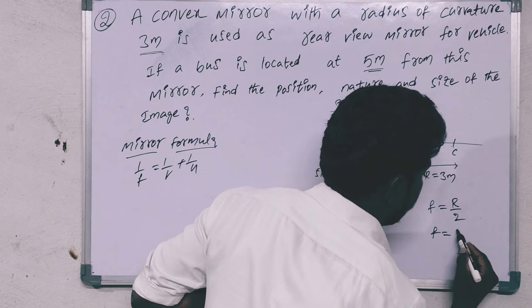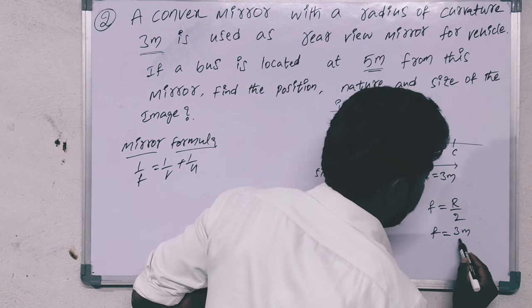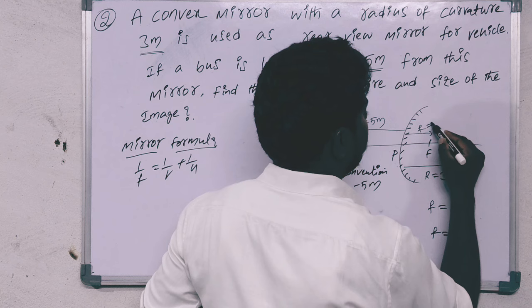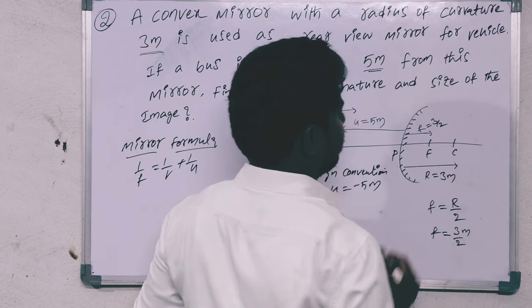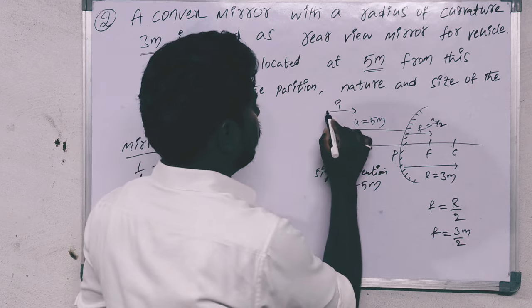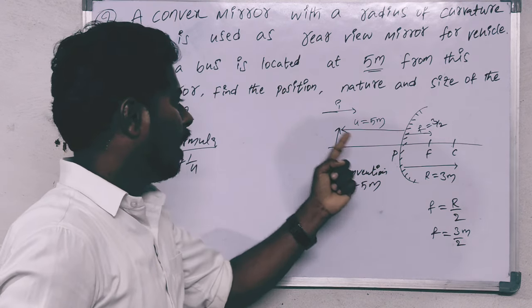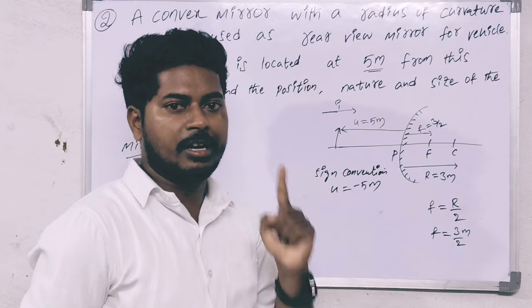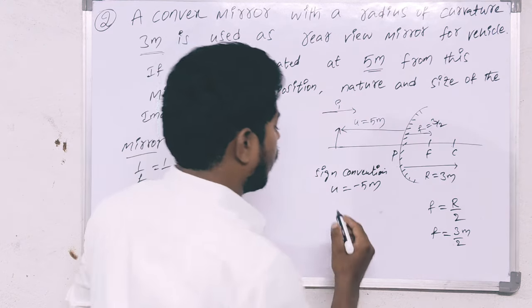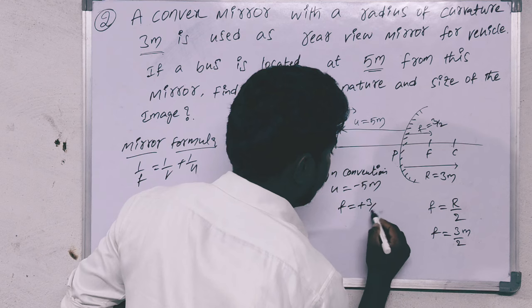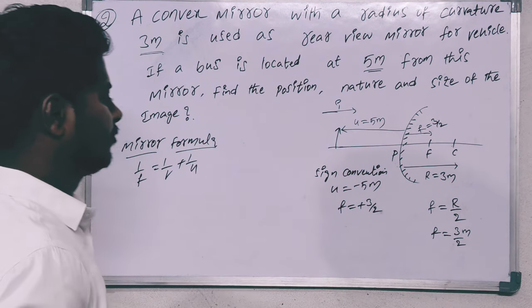Radius of curvature is 3 meters divided by 2, so focal length is 3 by 2. You can observe the direction of the incident ray and the direction of focal length are both in the same direction, then consider positive. Focal length is positive, plus 3 by 2 meters.